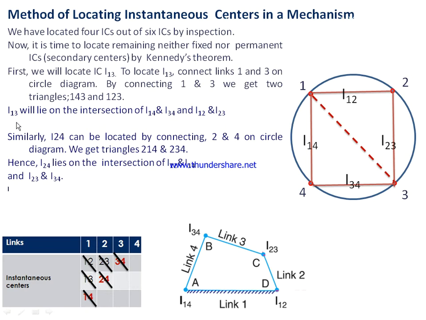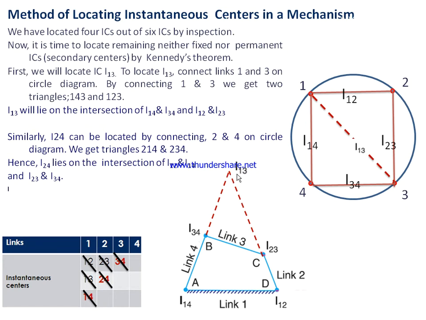So I13 will lie on the intersection of the lines through I14, I34 and I12, I23. Similarly, the last instantaneous center I24 can be located by connecting links 2 and 4 on the circle diagram. So that is how I13 is located.